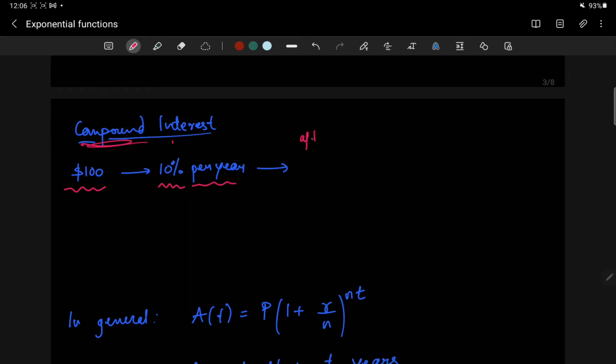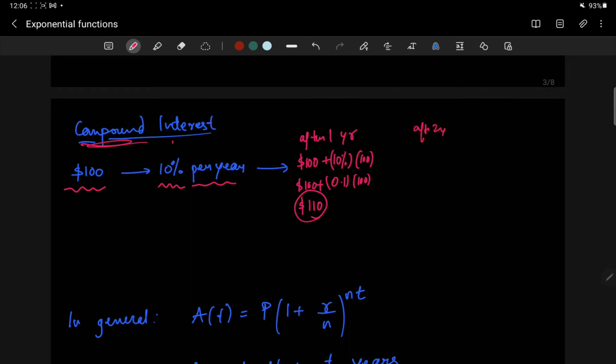Then after 1 year, you will have $100 plus 10% of $100. 10% is 0.1, which becomes $110.